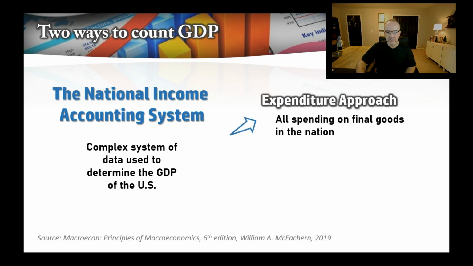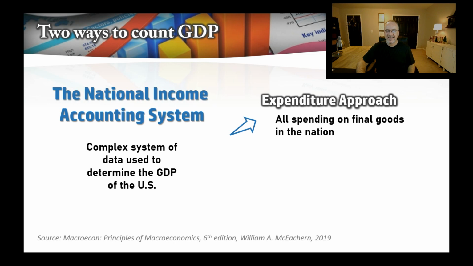And there are 2 approaches, as we've already indicated in the introduction and the overview of the session. There is the expenditure approach. The expenditure approach is really about spending. That is a way of counting all of what was produced in the nation by counting what individual segments of the nation spend, what they spend on final goods, on products.